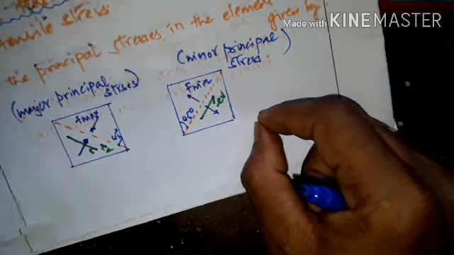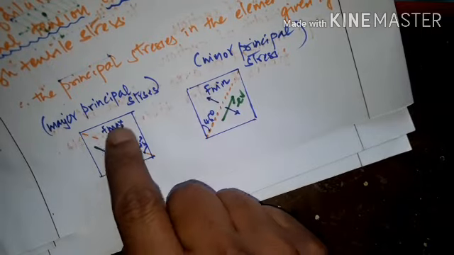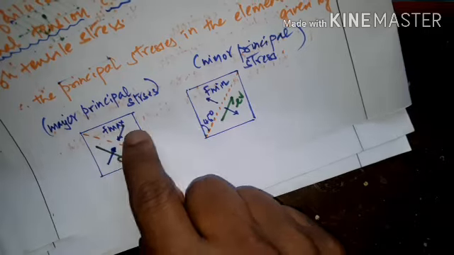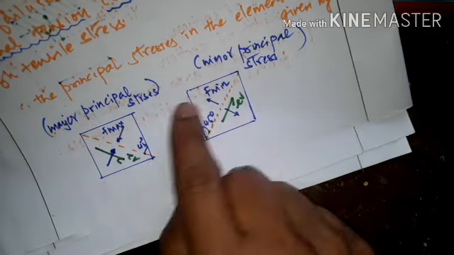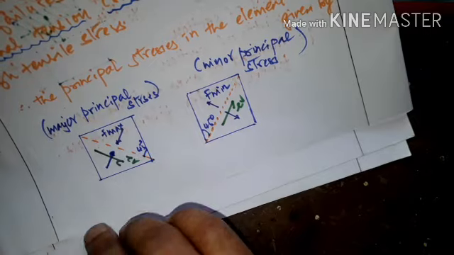Understood? We have both sketches here: the major principal stress, F maximum, which develops compressive stress, and F minimum, which develops tensile stress. For compression our section is safe.